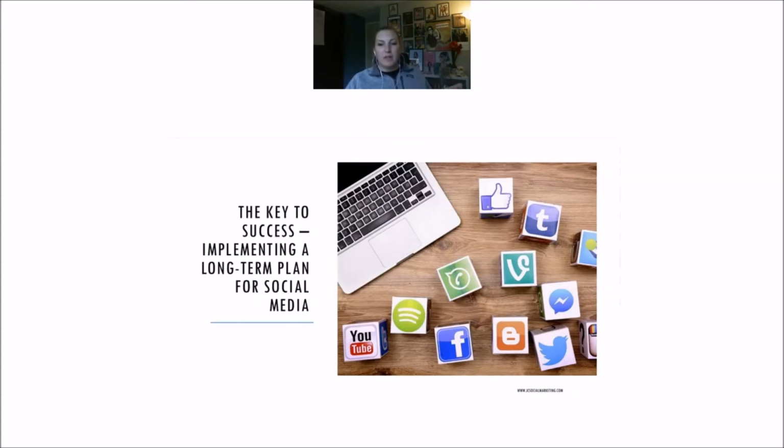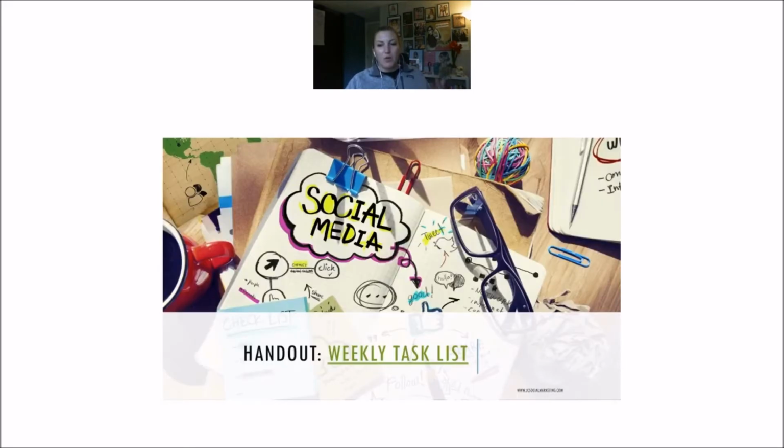The key to success here is also implementing a long-term plan for social media. There's a handout, and maybe Ronald, you can put it in the handouts, the weekly task list. Yep, it's there. If you look on the right, you'll be able to download that right to your computer. Great. So the weekly task list is something I created.